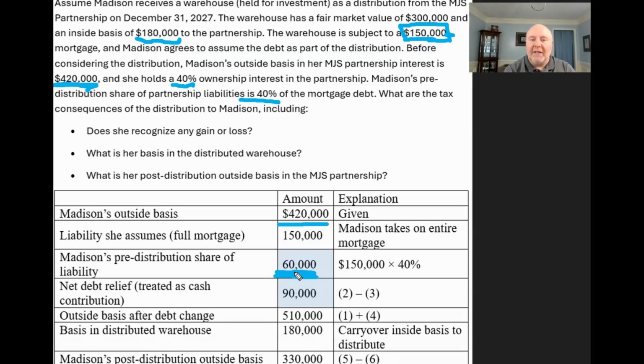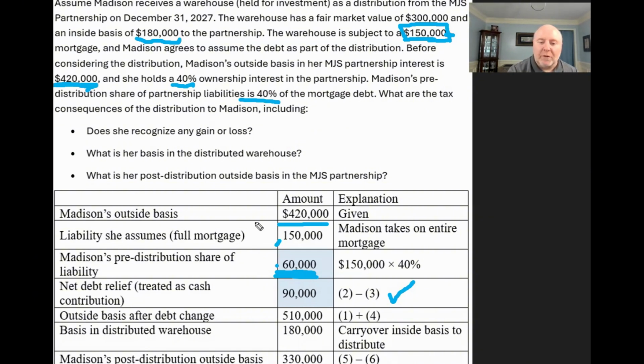So how much did she really take on? Well, 150, which was the full amount of the debt, minus she was already liable for 60 of it. So what really happened is that $90,000 is the amount she's actually taken on that she wasn't already liable for. So if she's now going to be paying $90,000 on that liability, we need to increase her basis.